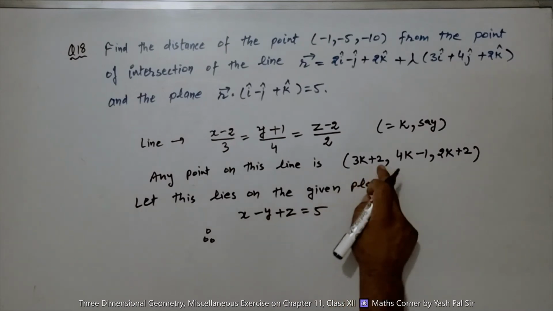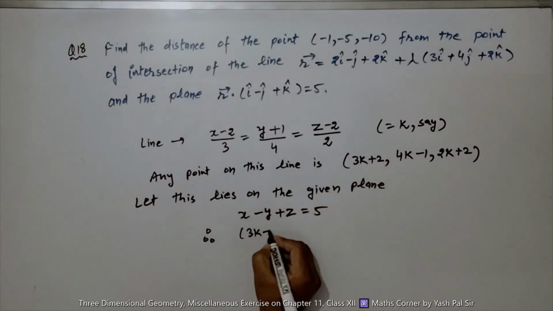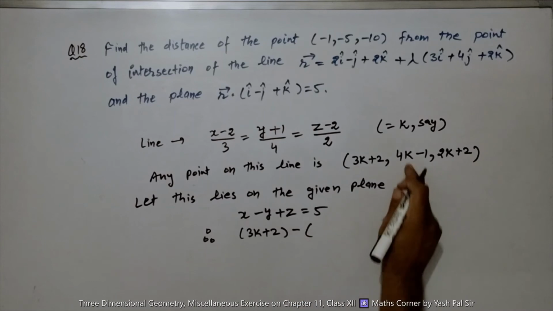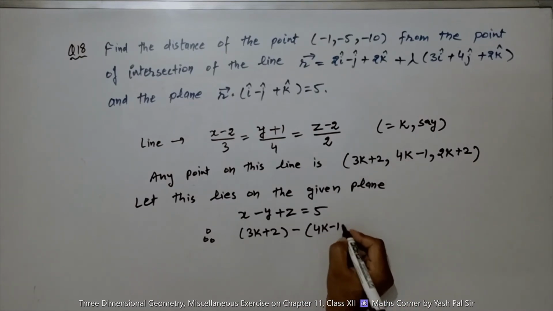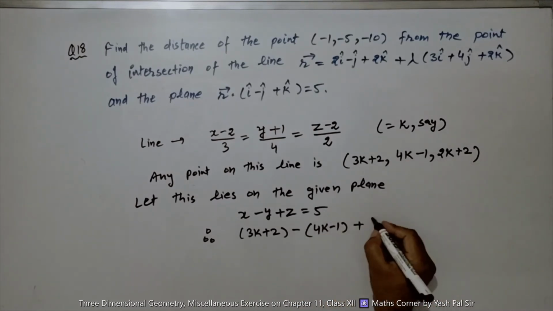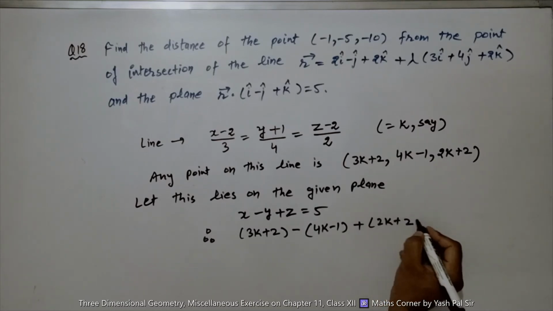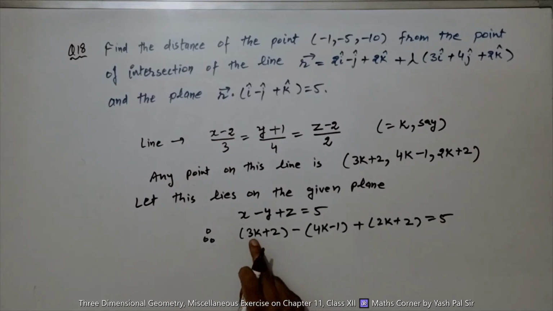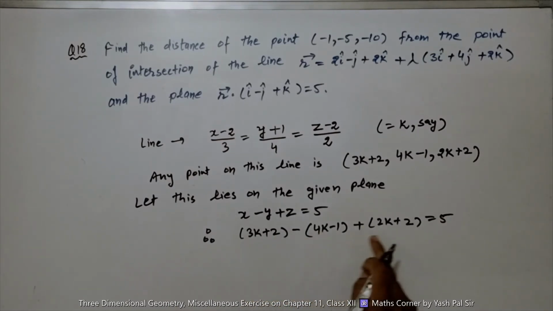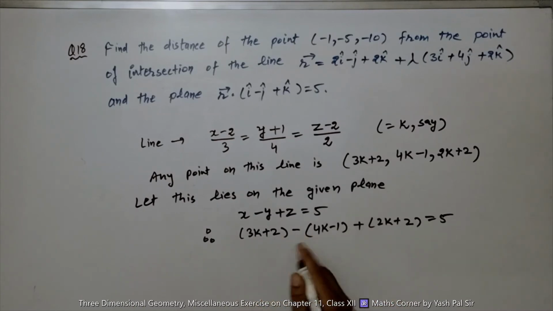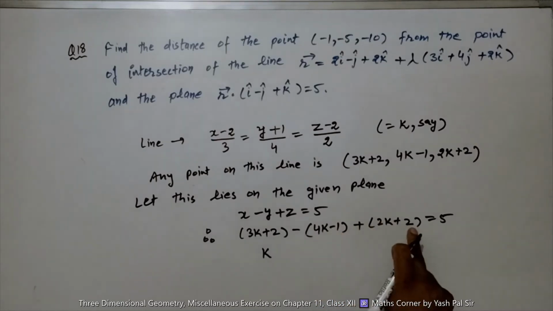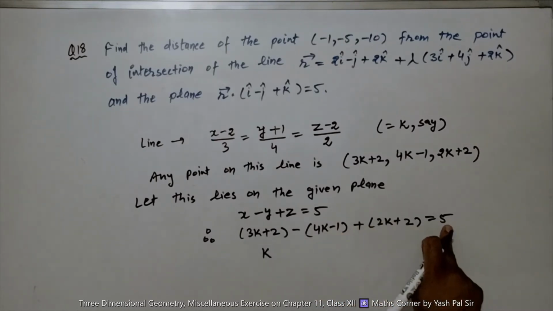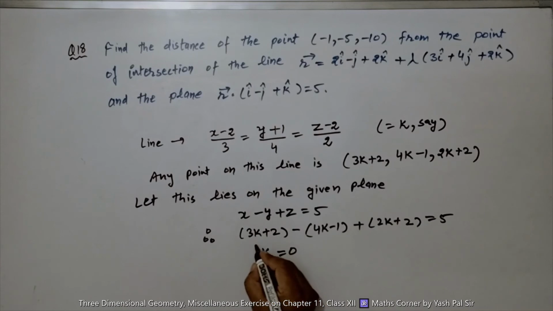Therefore, x is 3k plus 2, minus y is 4k minus 1, plus z is 2k plus 2, equal to 5. So we have 3k minus 4k plus 2k is k, 5 minus 4 is 1, 2 plus 1 is 3, 3 plus 2 is 5, so k equals 0. The value of k is 0.